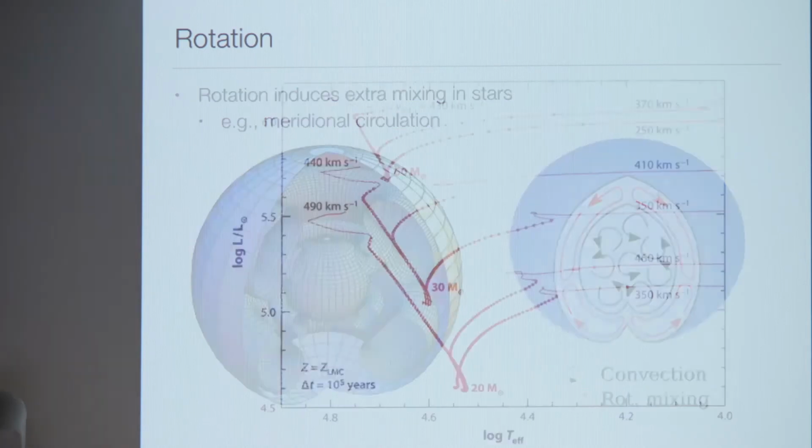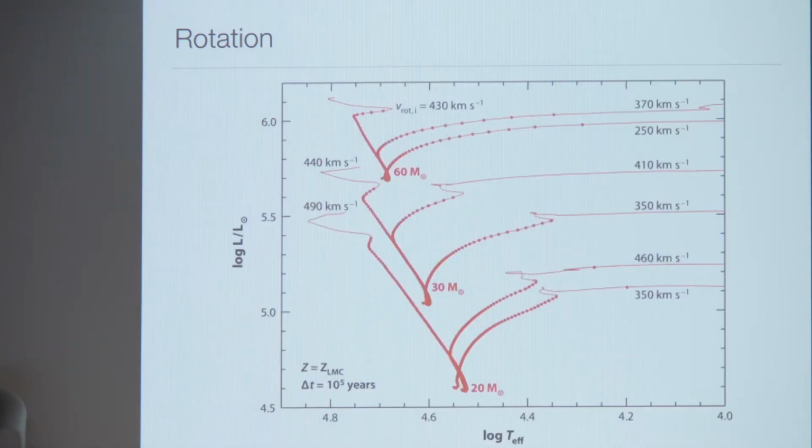So that means, basically, if there's no rotation, then only the hydrogen at the central part of the star will be burned, and then there should be shell burning later on, which makes this expansion. But if the entire star is mixed, then the hydrogen of the whole star is burned at the same time. So there won't be any shell, and the whole star evolves like a core.